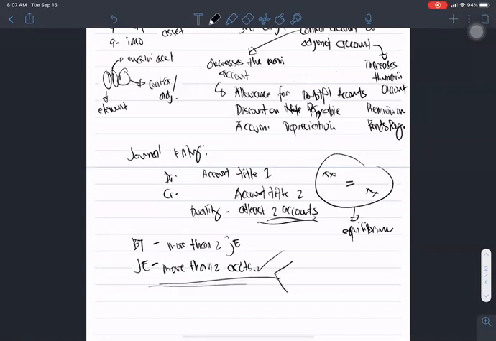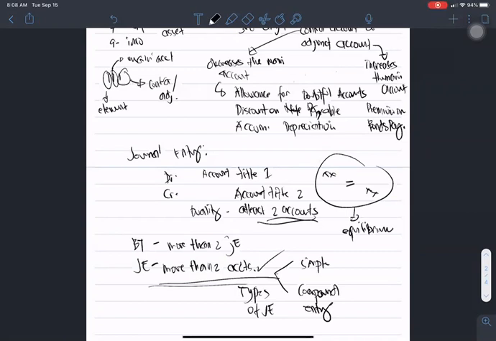So here we have the concept of the types of journal entry. It can be a simple journal entry or a compound entry.